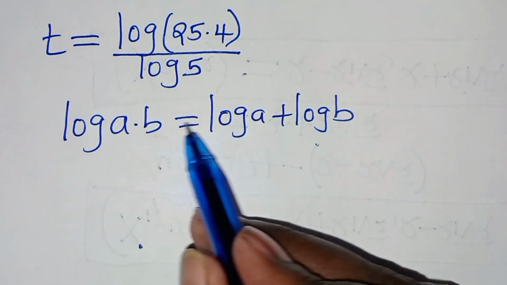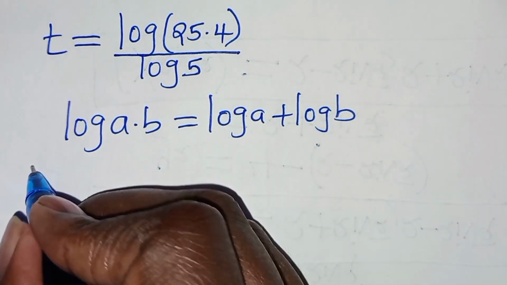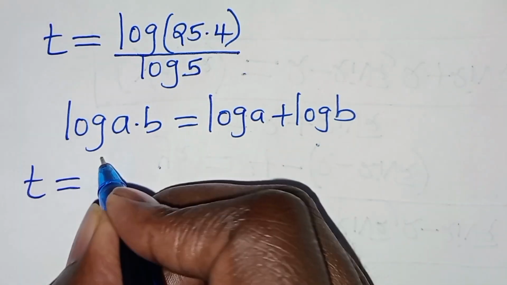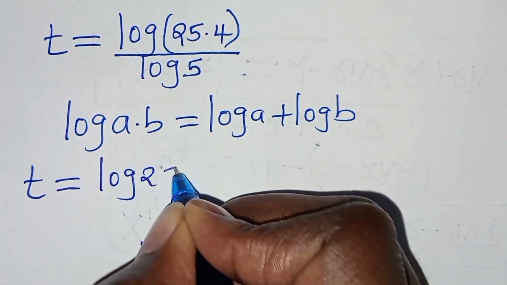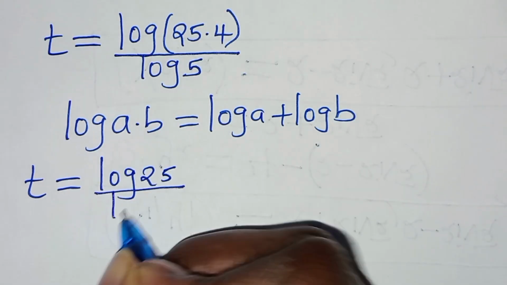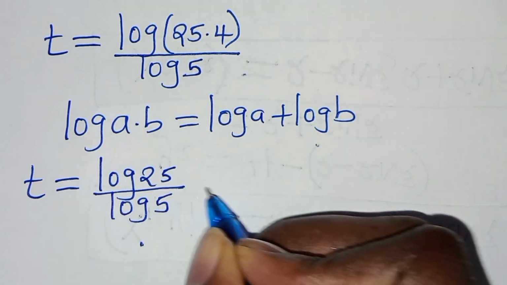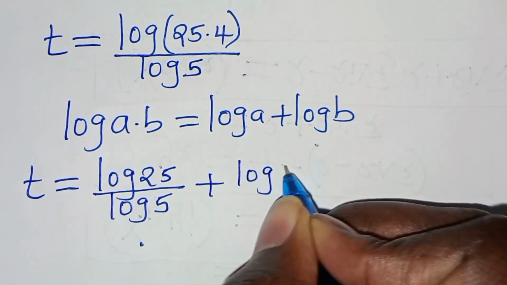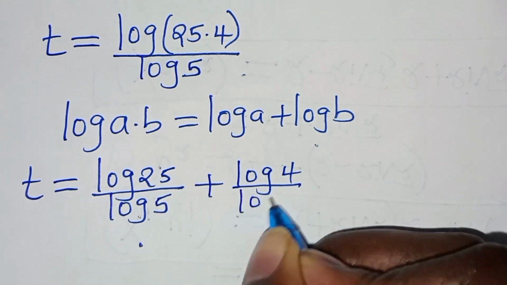Applying this logarithm property from here, we have that t is equal to log 25 divided by log 5, plus log 4 divided by log 5.